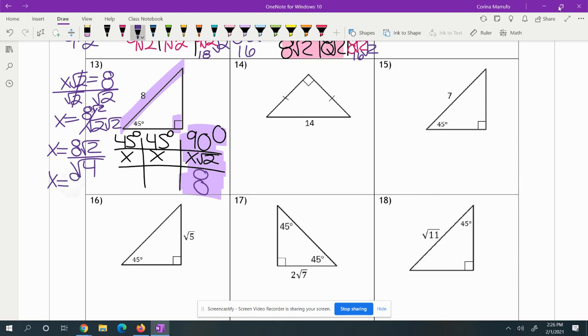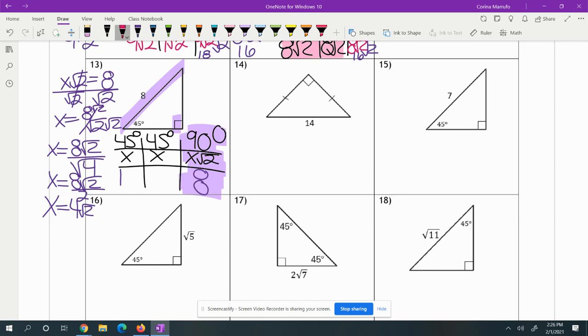And we know that the square root of 4 gives us 2 in the denominator. Okay, so now we got rid of the square root on the denominator. So now all we got to do is 8 divided by 2 gives us 4. So it'll be 4 and the square root of 2.